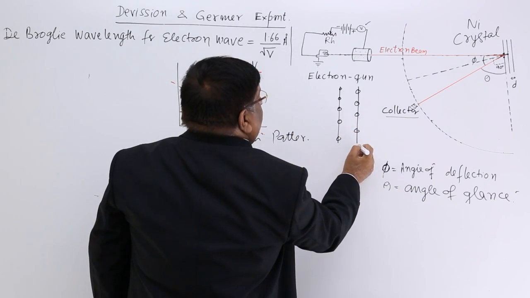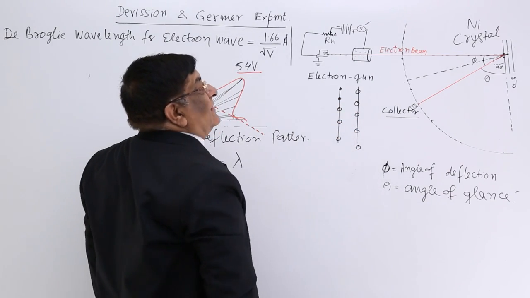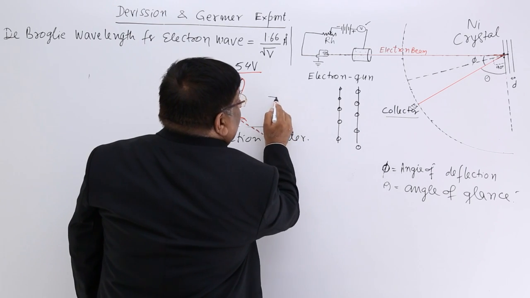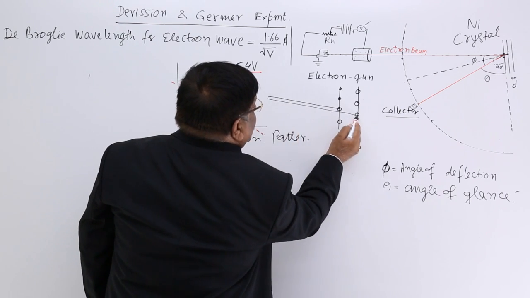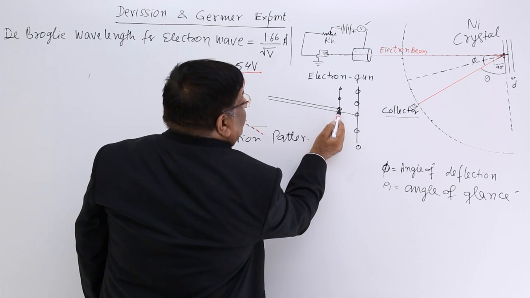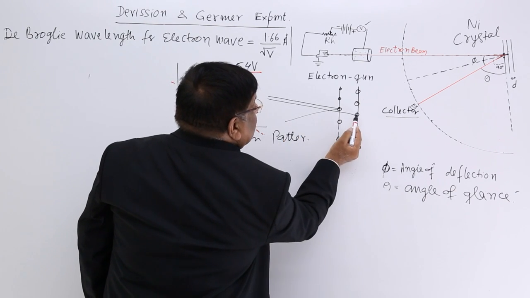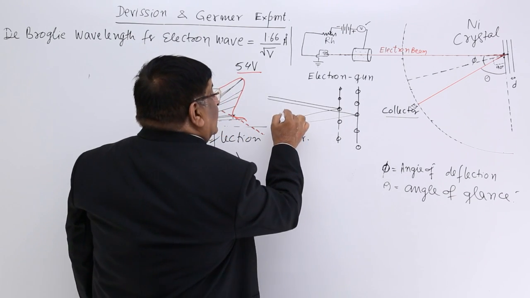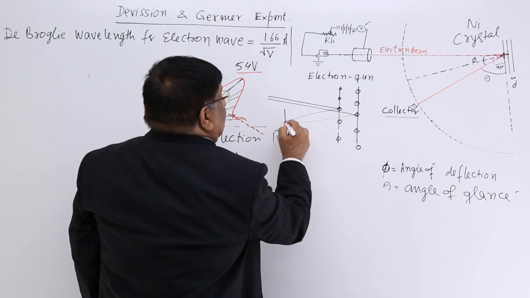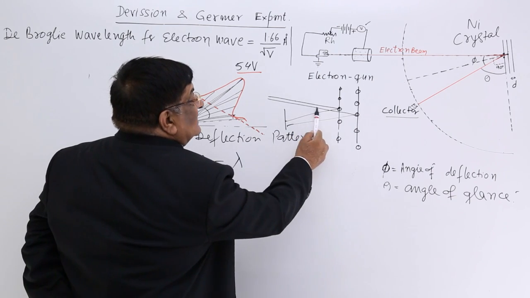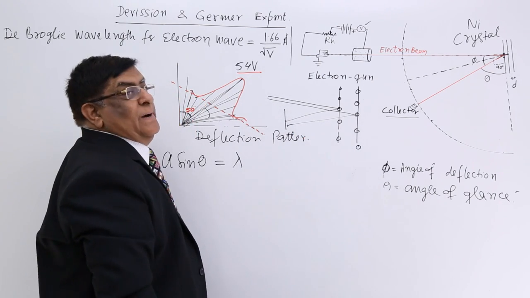These are atoms located in the nickel. There is a beam of electrons like this. The one strikes this, collides with this, returns. The other collides with this, returns. Both reach our collector. Now, which has travelled the longer path? Answer: this has travelled the longer path.